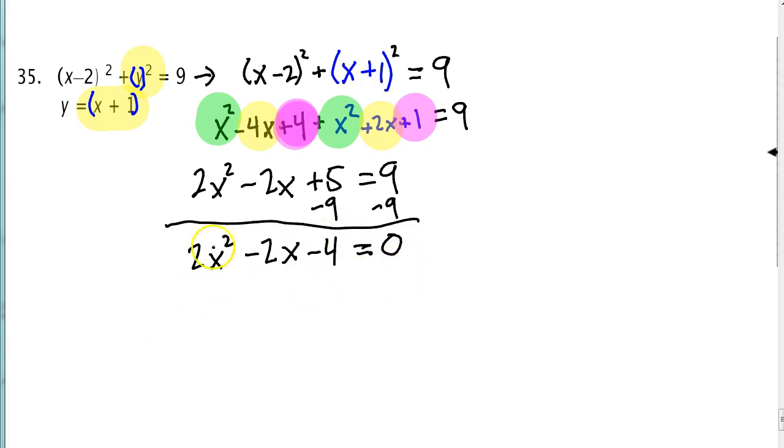So to solve this, we can do either factoring or the quadratic formula, even completing the square. It's up to you. I'm just going to try to factor because I can see that all of these have a factor of 2. So I'm going to factor a 2 out.